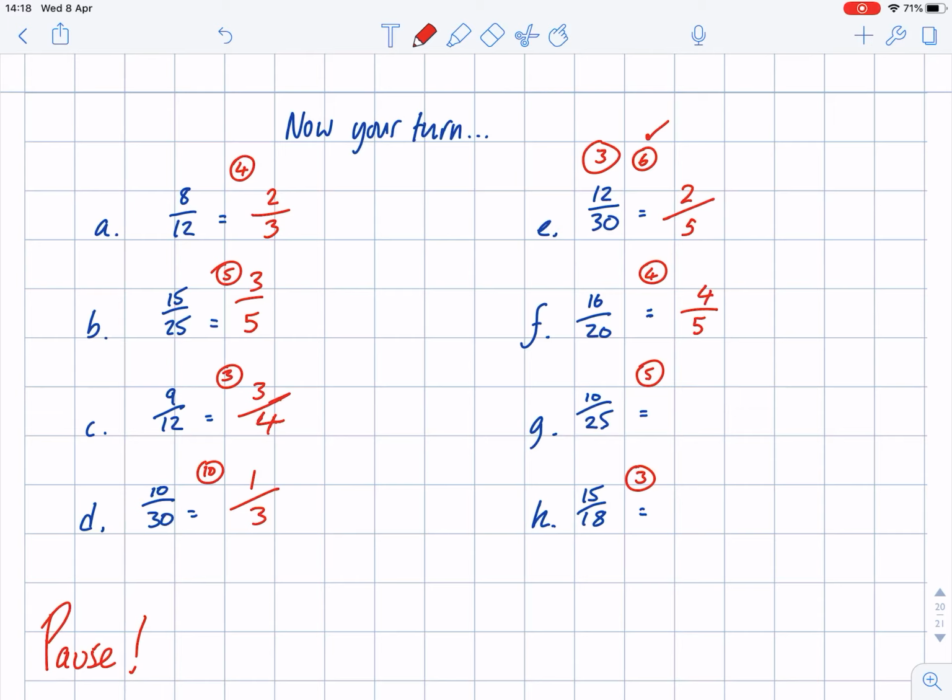The next one is 2/5. Lots of fifths here. And the last one, how many 3's go into 18 is 6. How many 3's go into 15 is 5. So 5/6. So what you've done there is you've found equivalent fractions, because they're the same for each question, but you've also simplified them. So very well done.